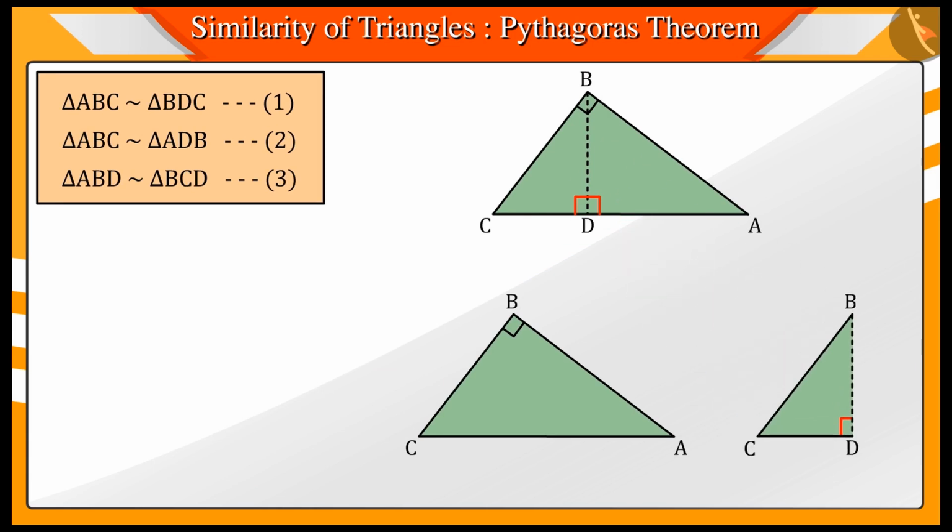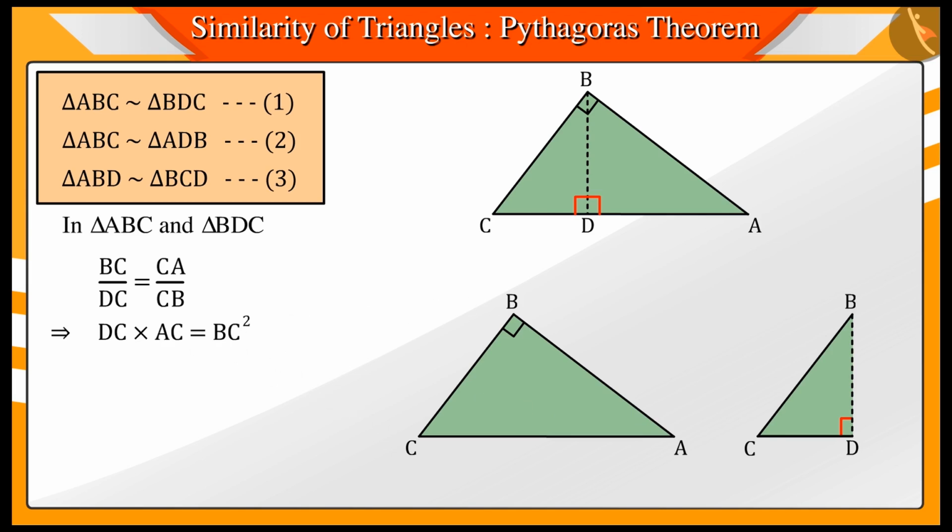From equation 1, we know the triangle ABC and triangle BDC are similar. Hence, side BC and side DC and also side CA and side CB will be mutually proportional. By cross-multiplying, we get DC times AC is equal to BC square, which we can show from equation 4.